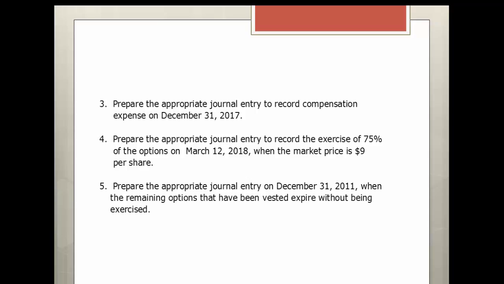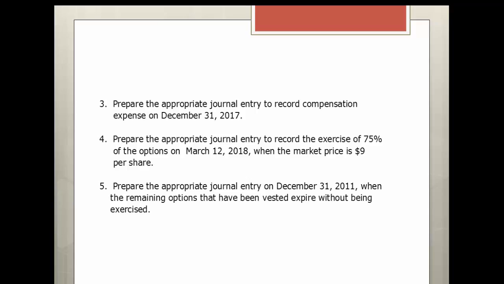They knew the market was going to go up. Unfortunately, the market didn't go up, it went down. Therefore, there was no value in the option. So again, if the market price went below $8, there's absolutely no legitimate reason to exercise these options.